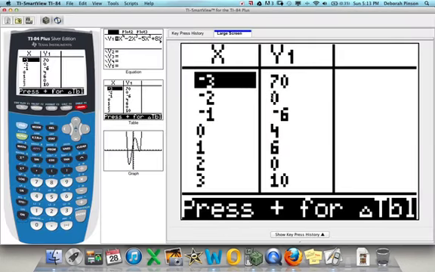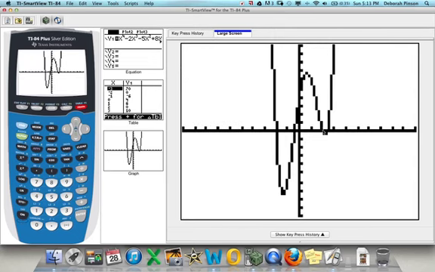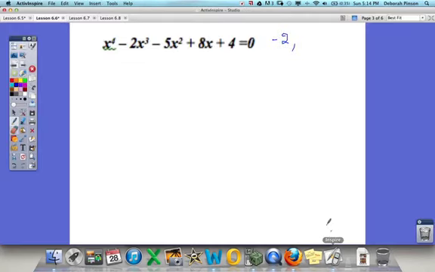Now, pulling it up, one thing that I actually noticed here on the table that was a little hard to see on the graph part is that 2 is also a 0. Now let me go back over to the graph. See how it's a little bit hard to see what happens there? But it did give me that information on the table. So I've got 2 answers there, so that's good.